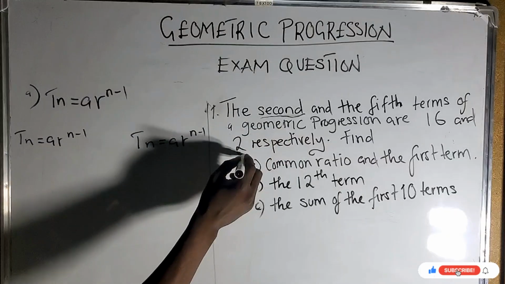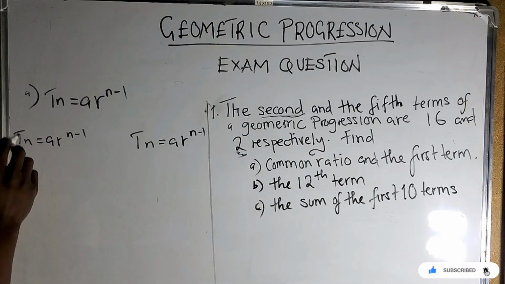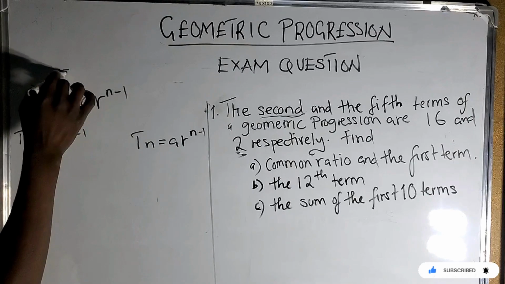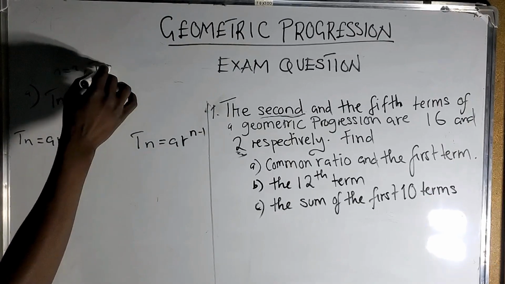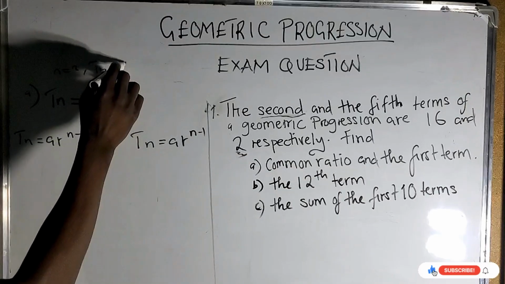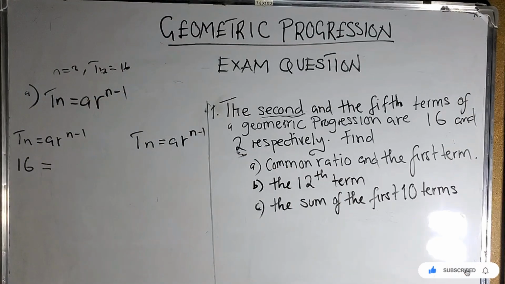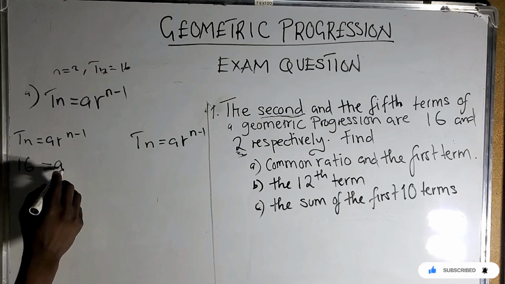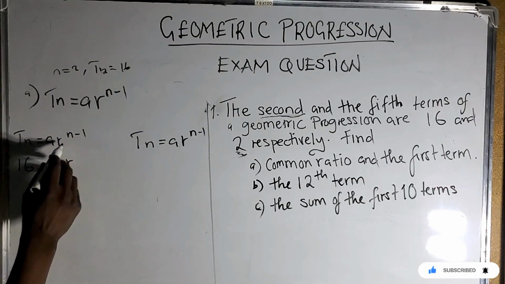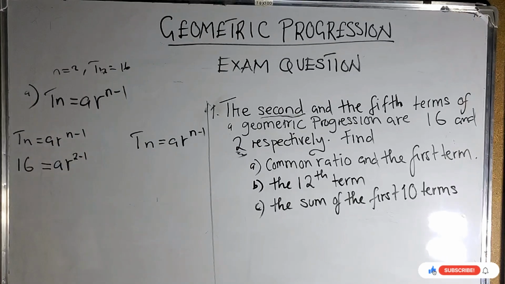Here n is 2, so T2 is 16. We substitute: 16 equals the first term, which is a, the common ratio r, and n is 2, so it will be 2 minus 1.